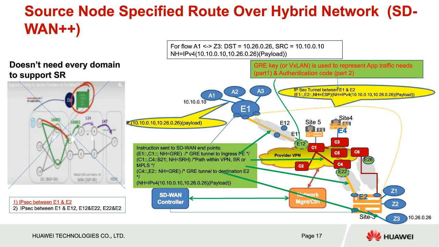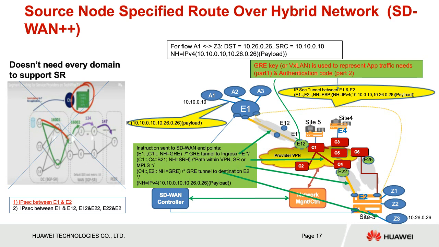So we call this source node specified route over hybrid network for SD-WAN, we call it SD-WAN++. This one doesn't require every segment, every domain to support segment routing, but achieves the purpose of segment routing.